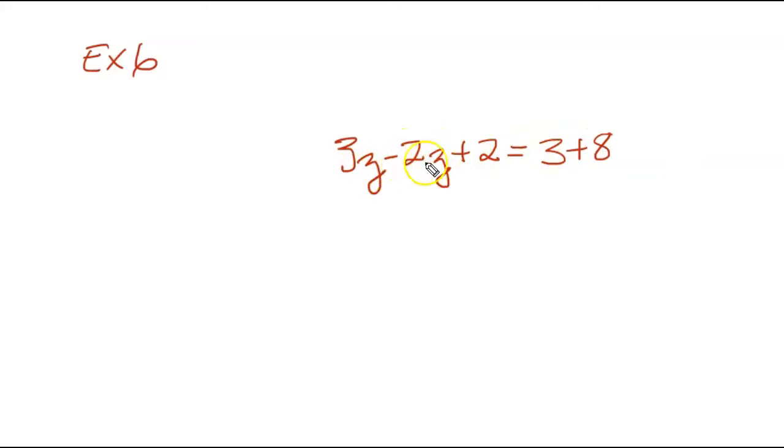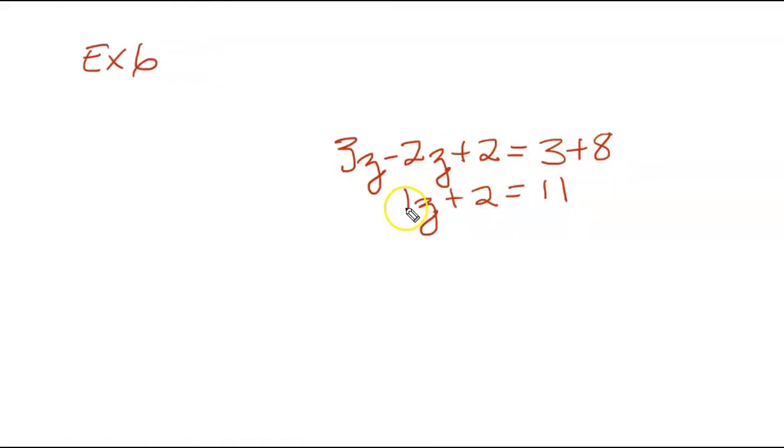We can combine like terms. Well, here are two like terms, which will end up as being 1z plus 2. And these are like terms. That would become 11. So again, we've simplified what they've given us by combining like terms.